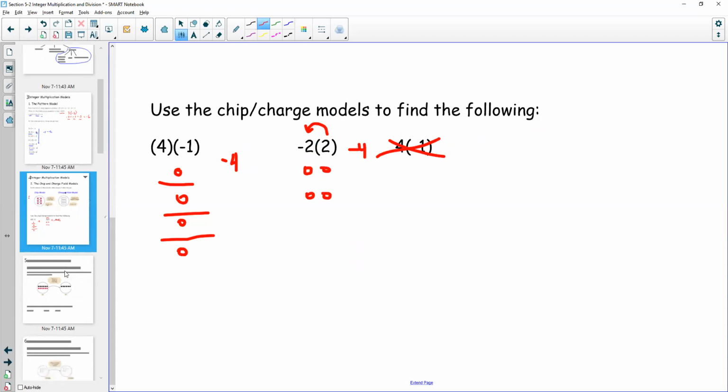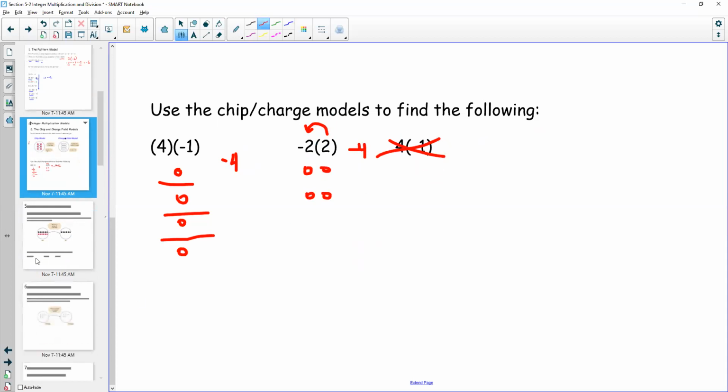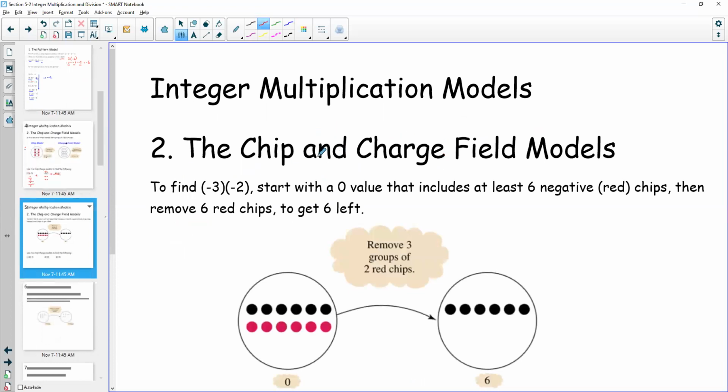Let's see what happens if we do it a little differently. So if we need -3 times -2, this is where the chips get kind of weird, right? So I can think of that as removing 6 negative chips and seeing what's left.